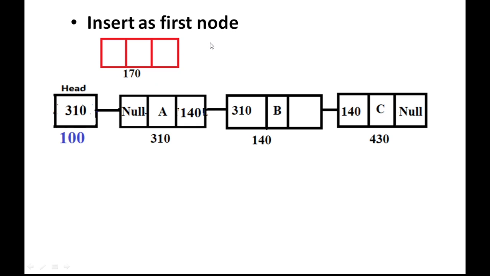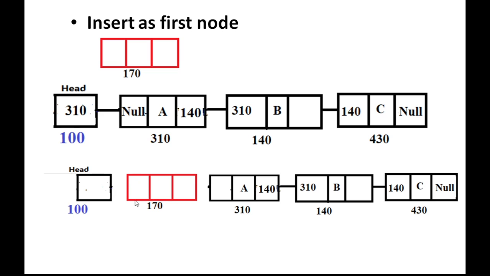Next is inserting as the first node. So here there are some nodes available and we want to insert the new node at the beginning or at the front. In that case what changes are needed? So first step is, again we have to write the data into the node, then the backward pointer of the new node becomes null because it is the first node, so it's not going to have any backward pointer or back node.